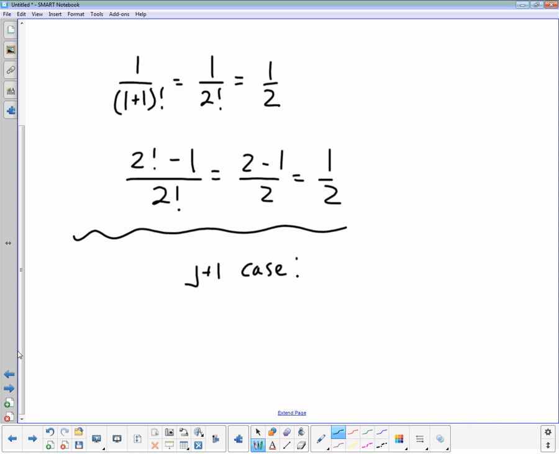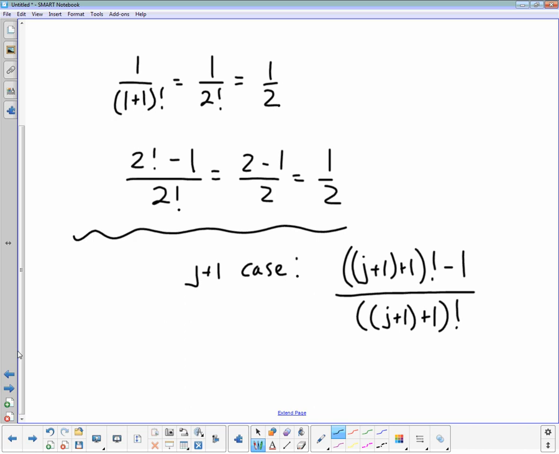j plus 1 factorial minus 1 all over j plus 1 plus 1 factorial. That's what we're looking for.